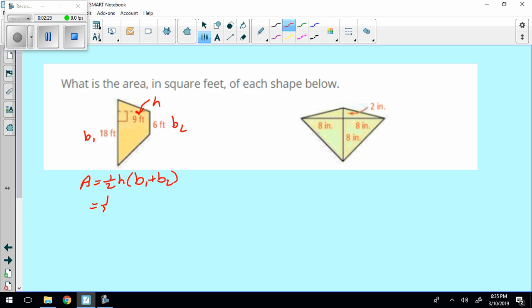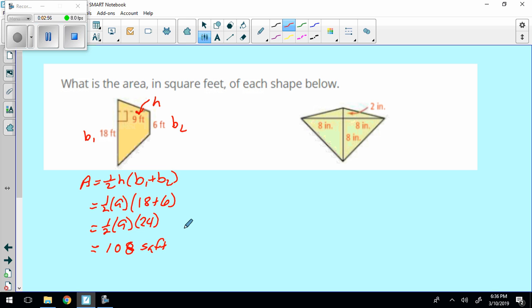So we go 1/2 times 9 times 18 plus 6. 1/2 times 9 is 4.5, and when we work this all out, we get 108. So that would be 108 square feet.